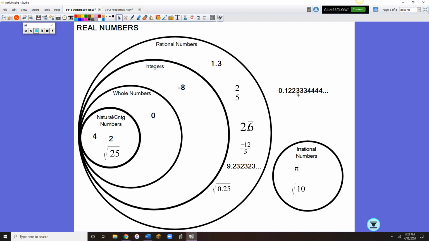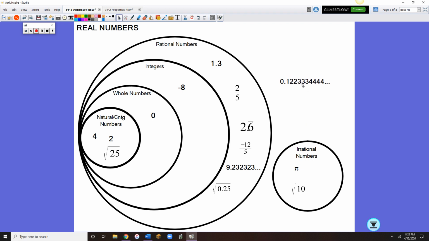All right, I saved this one for last because it tricks people. Okay, so 0.1 22, 333, 4444. So this has a pattern to it. And we talked about how repeating is a pattern also. However, repeating is a very specific type of pattern, and other patterns don't count.